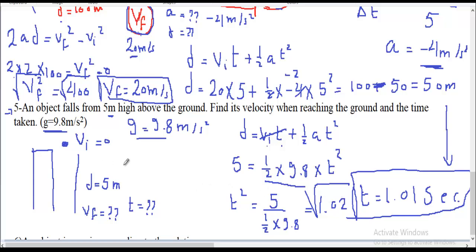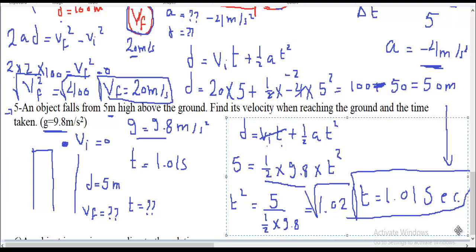So you have time 1.01 seconds. Let's get the final velocity.